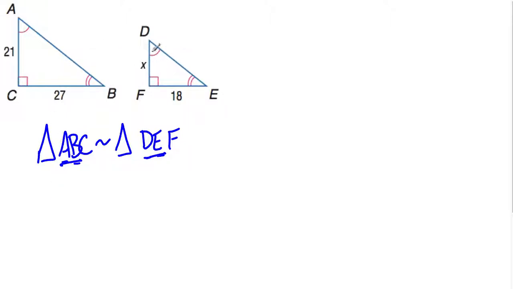So to find an unknown side here, you basically just need to set up two proportions and set them equal to each other. So if I know that, let's say, side AC, that corresponds to side DF. See how they're both on the same side here? That's going to have the same proportion as, let's say, side CB to side FE.